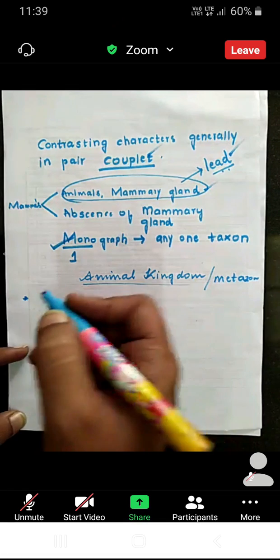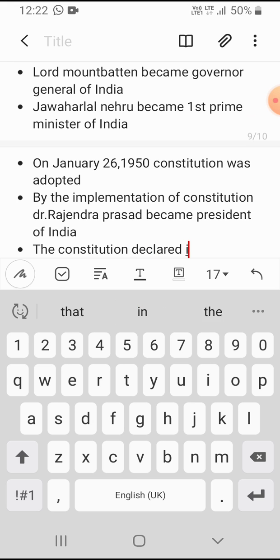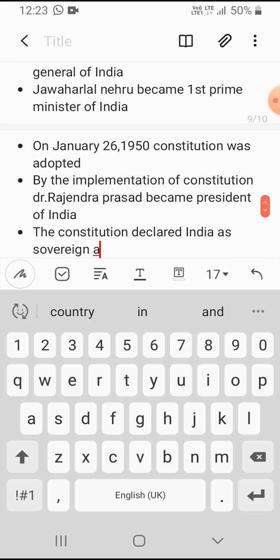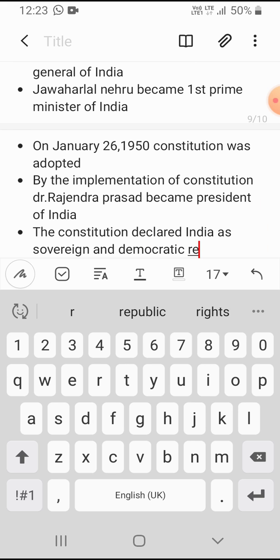The Constitution declared India a sovereign and democratic country.